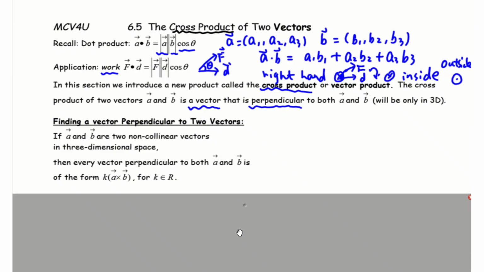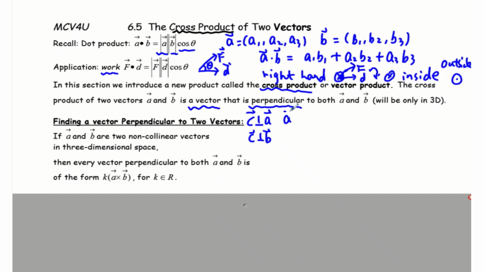Now, in order to find a vector perpendicular to two vectors, we start from here to see how we could find the formula for the cross product. We want to find another vector that is perpendicular to A and also perpendicular to B, and that is possible with the cross product.